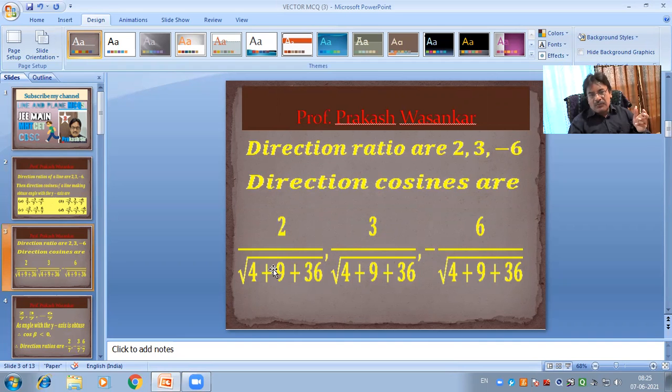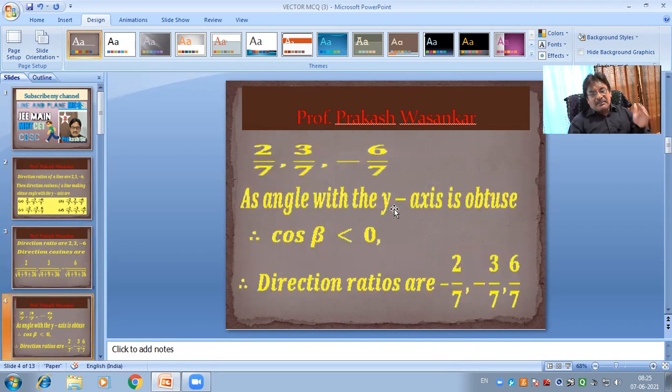And we know that under root 49 is equal to 7, therefore 2 by 7, 3 by 7, minus 6 by 7 are the direction cosines of a line whose direction ratios are given, that is 2, 3, minus 6.